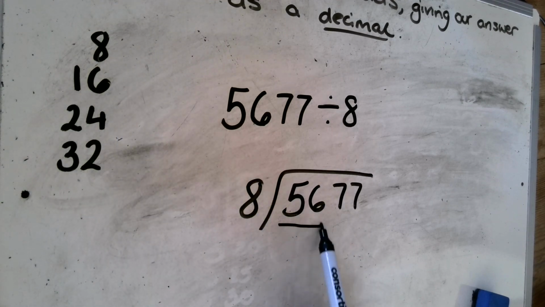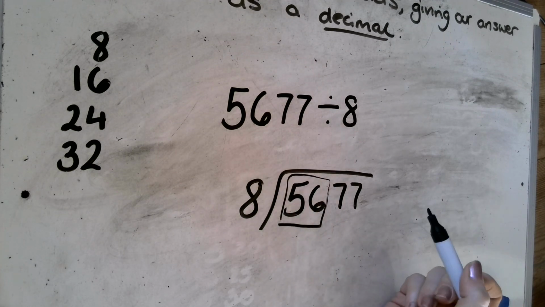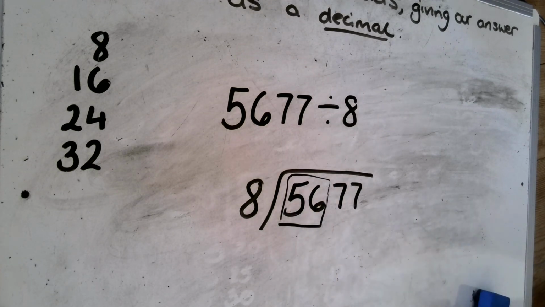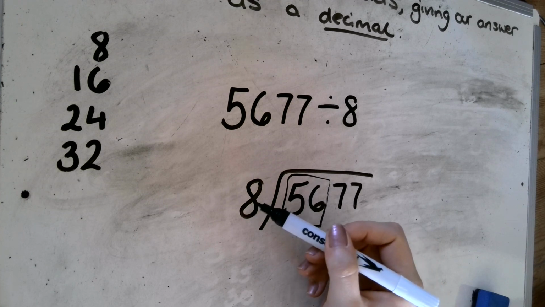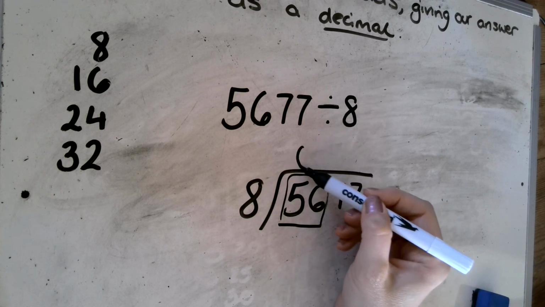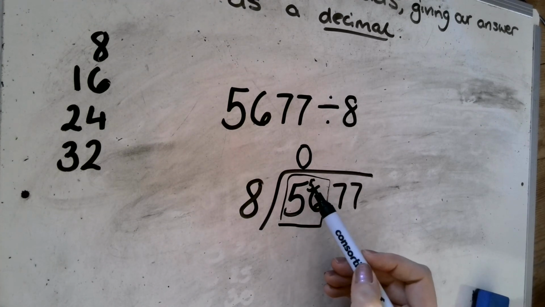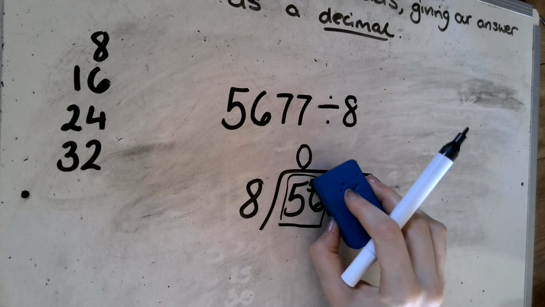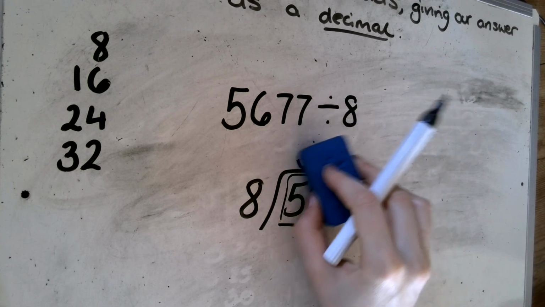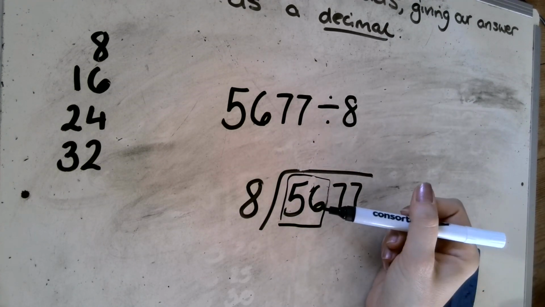We've now got 56 divided by 8. Now the reason I've moved on is because if we were to do 5 divided by 8, we would have 0, and the 5 would go there anyway, and we'd still have 56. So I've just cut that step out by moving along to the hundreds digit.